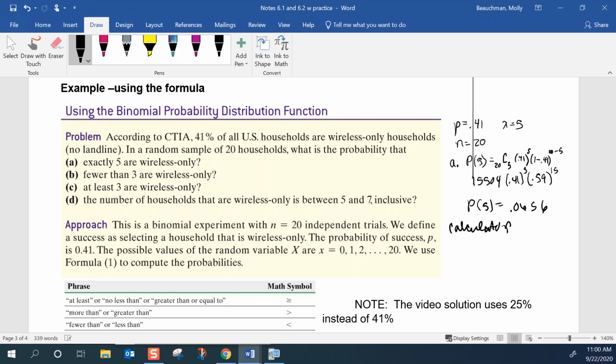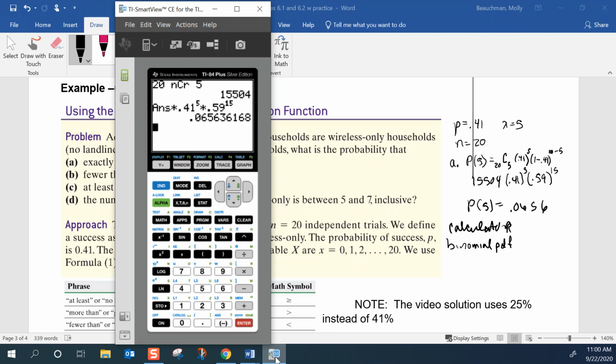The calculator has a function called binomial PDF, and that will tell you the probability for a single value, such as 5. The binomial PDF function is in distributions. So you hit second variables, scroll down to binomial PDF. In this calculator, it's option A, and they want the number of trials.